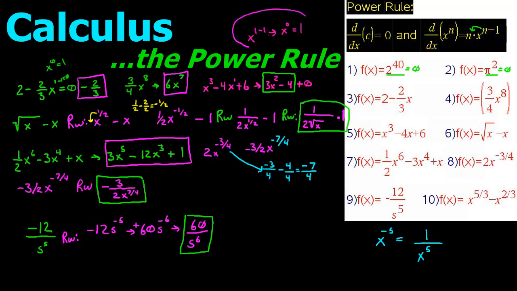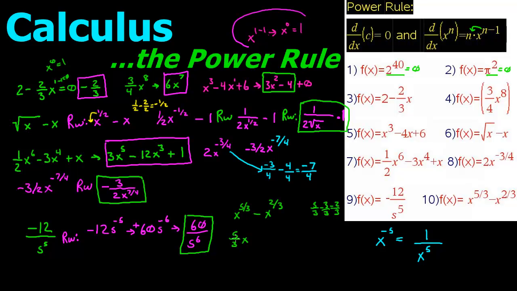And then for number 10, we've got an x to the 5/3 power minus an x to the 2/3 power. And so we get 5/3 x, and then of course we're going to take this 5 over 3 minus 3 over 3. It's going to leave us with a 2/3.